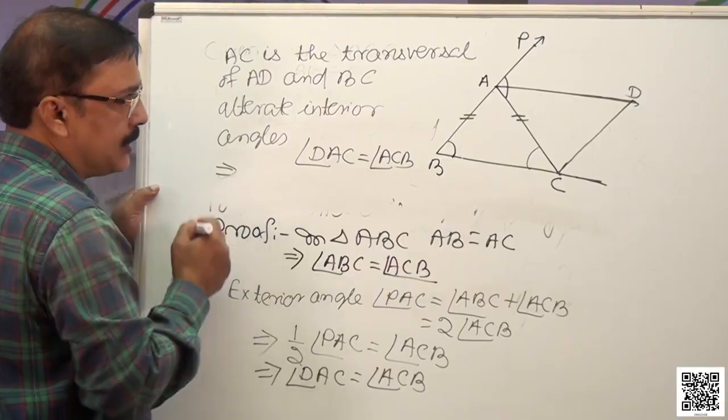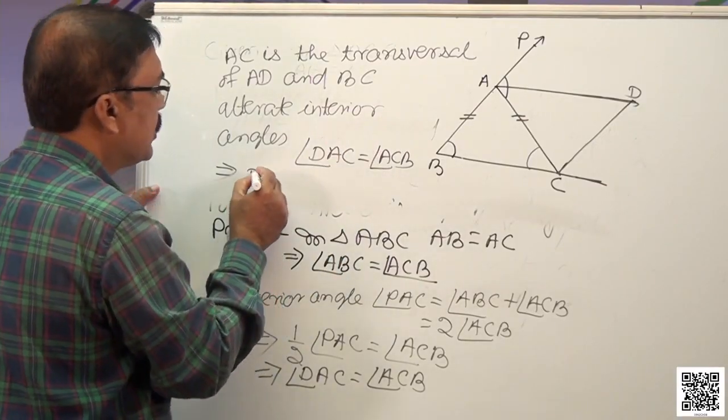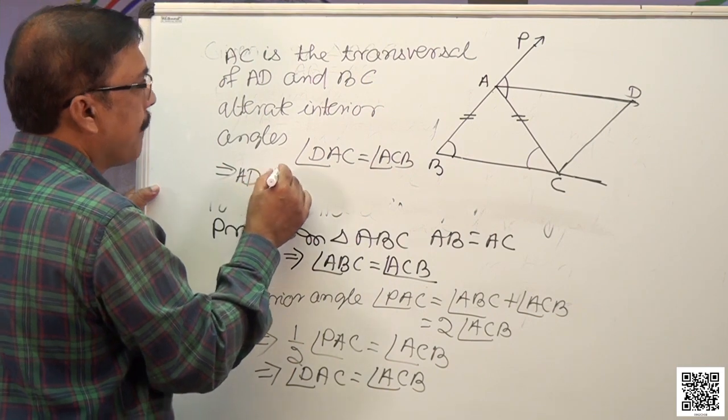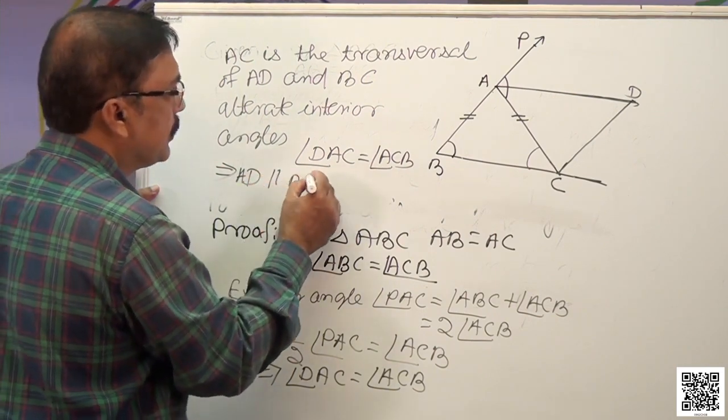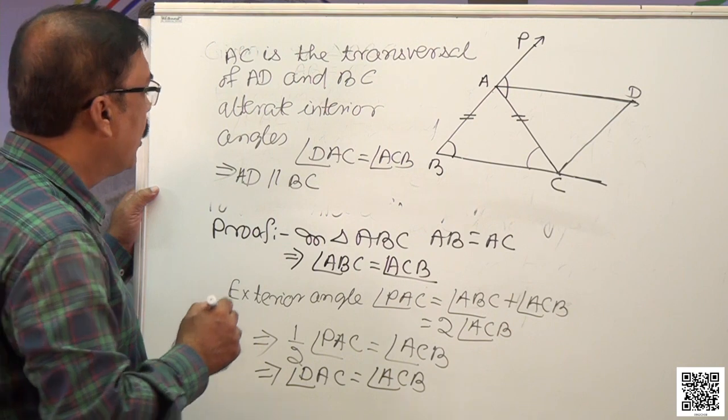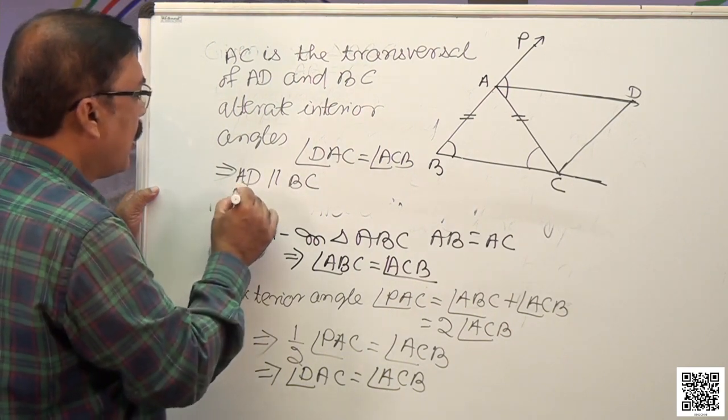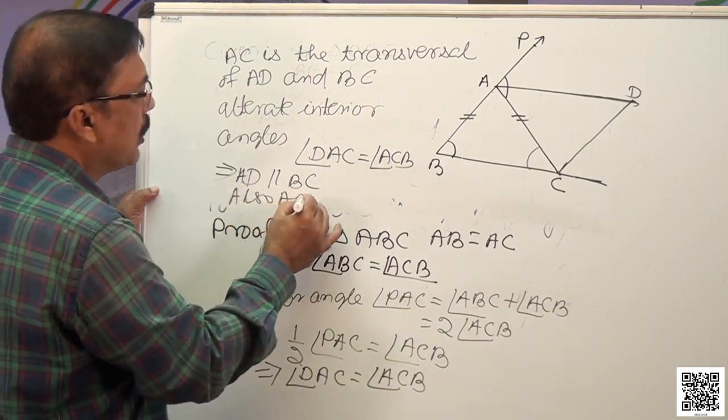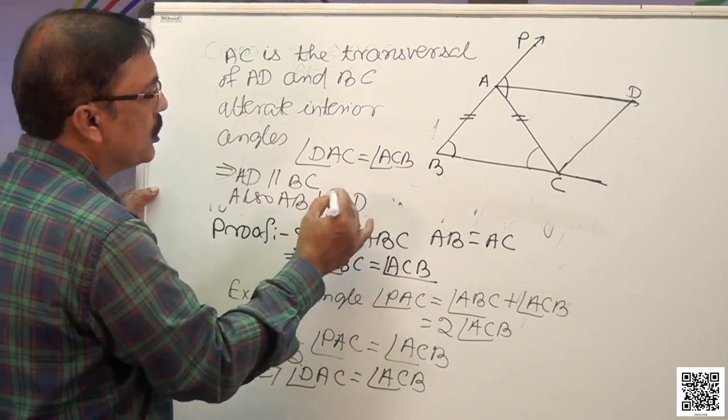So, this implies AD is parallel to BC. We have also given that AB is parallel to CD.